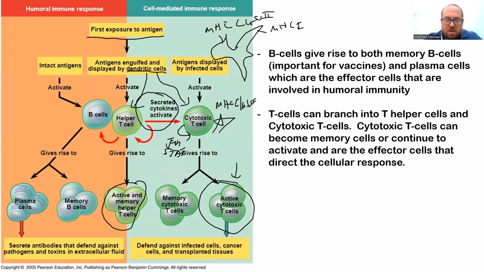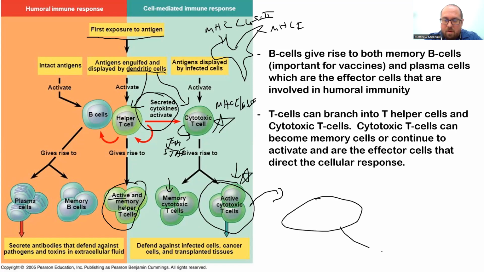But we're also going to generate something called memory. And these memory cells do not leave the lymph node. They actually, during the course of infection, will stay in the lymphatic system. And the active cells will go and leave the lymph node.